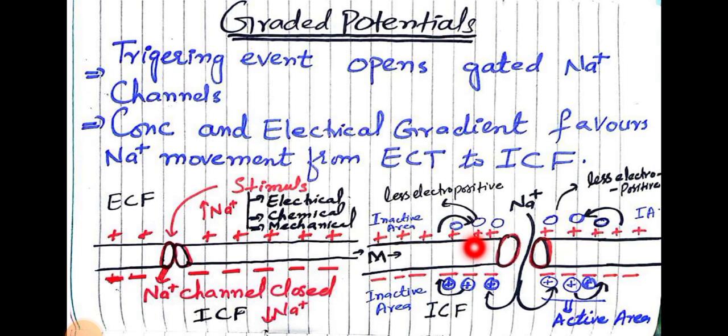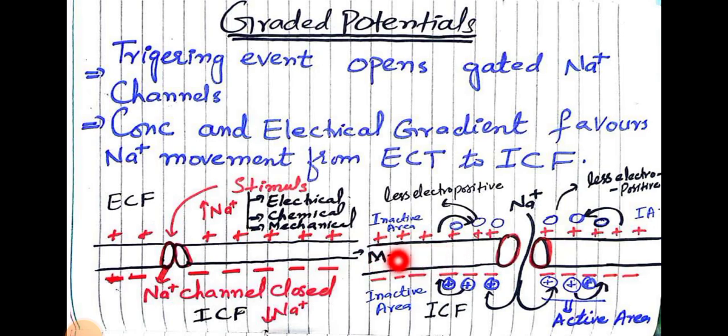So this is the movement of charges between the active area and the adjacent inactive area. The adjacent inactive area is still at resting membrane potential. Now the change has occurred due to the movement of positive charges from outside to inside. And this movement across the membrane is electronic conduction. And this conduction along the cell membrane is passive conduction.